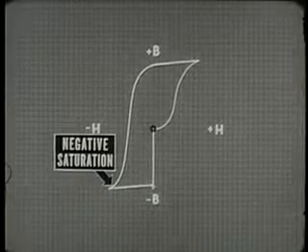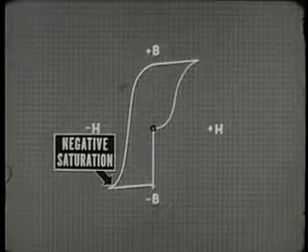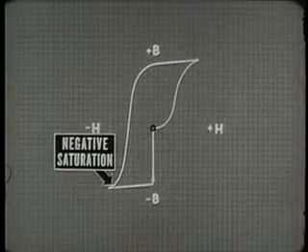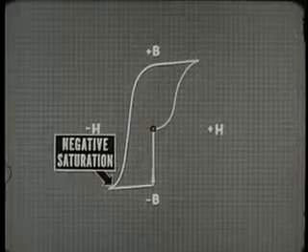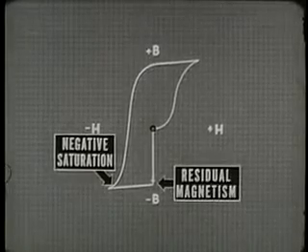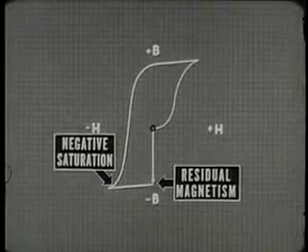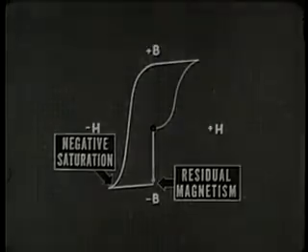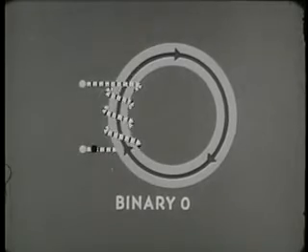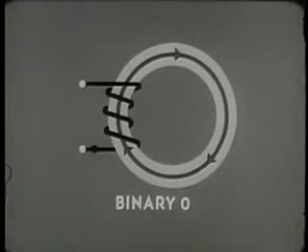The BH curve returns to 0 on the horizontal magnetizing force scale, but it remains at almost the saturation level on the vertical flux density scale. In other words, there is residual magnetism in the negative direction too. Therefore, when dot current is fed into the core, magnetism builds up and the core is set to binary 0. Residual property keeps it there.